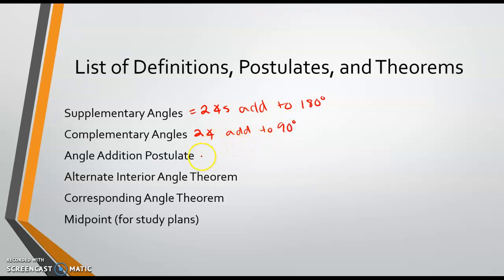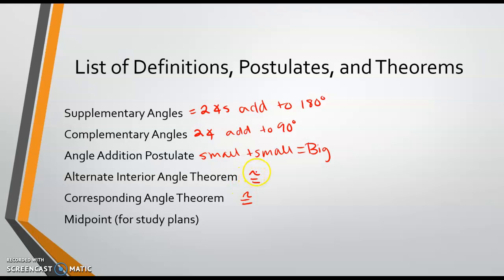Angle addition postulate is small plus small equals the big angle. Right? Angle plus angle equals big angle. Alternate interior angles theorem, that is that our alternate interior angles are congruent. Corresponding angles theorem, if we have the parallel lines, then the corresponding angles are congruent.